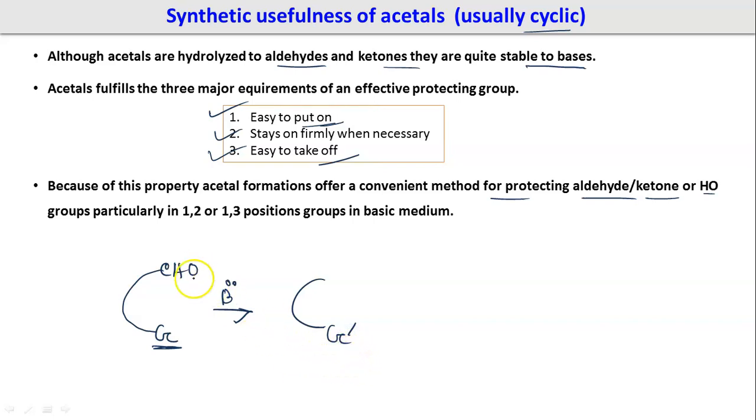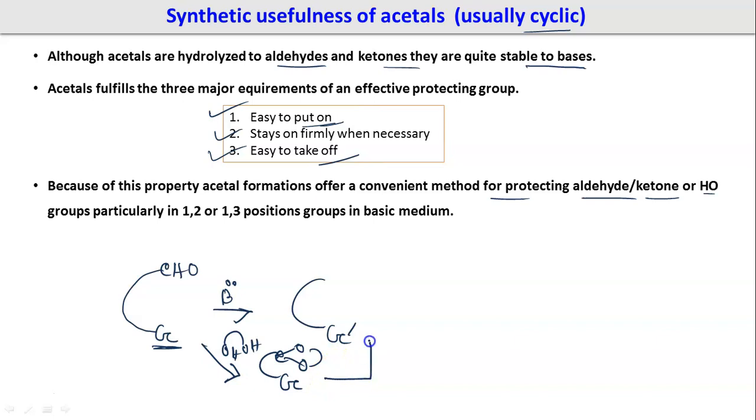Now here as CHO, it is stable in presence of base. So that is why, the acetal is stable in presence of base. So that is why if we first make acetal by using some 1,2-diol or 1,3-diol, what we will get? We will get this type of structure and we have G.